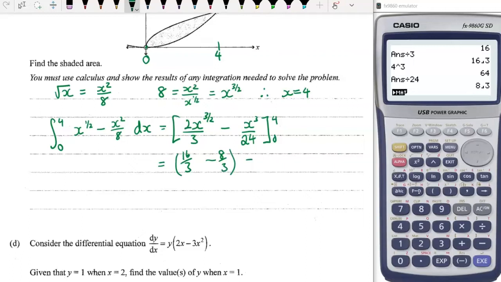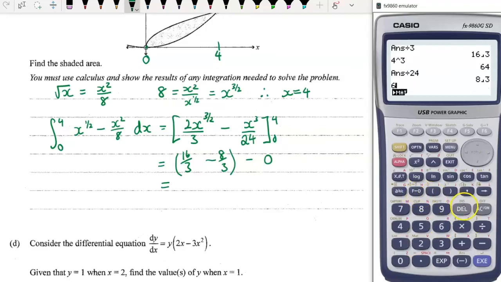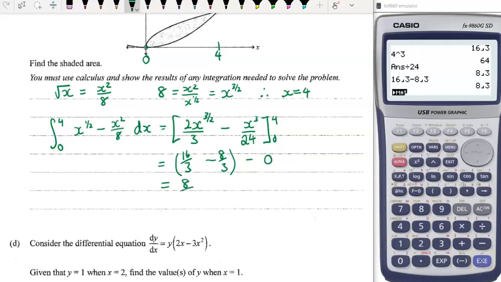And then if we were to sub in the 0, that's just a 0. So this is now 16 over 3, 16 over 3 minus 8 over 3 is 8 over 3.